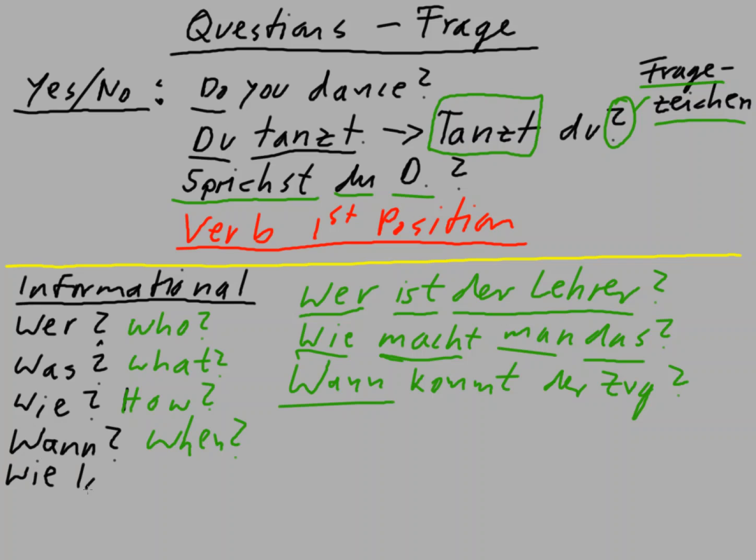Wie lange? 2 words. Wie lange? Meaning how long. Wie lange ist der Film? How long is the movie? Yeah. Then we can ask wie viel. This is how much.